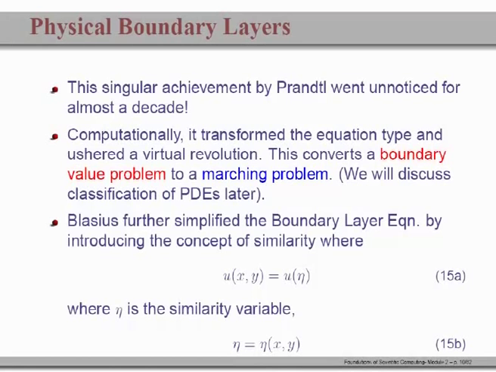So, he said, look, I will find a combination of x and y, and I will call that eta, so that the solution will not be dependent on x and y separately, but could be written down as a function of a single variable eta.